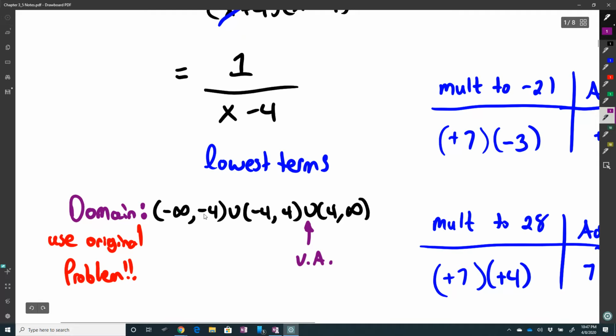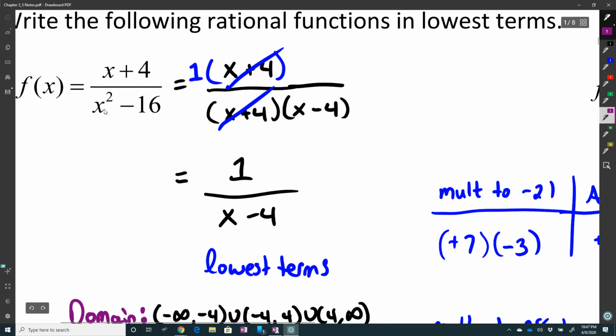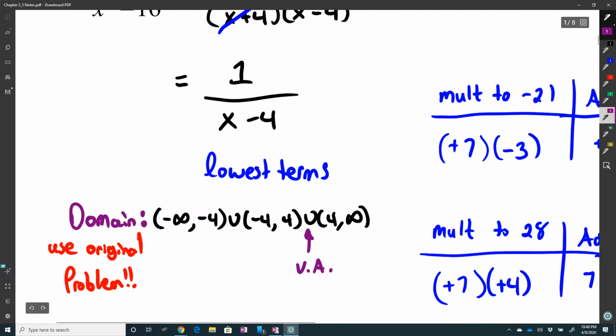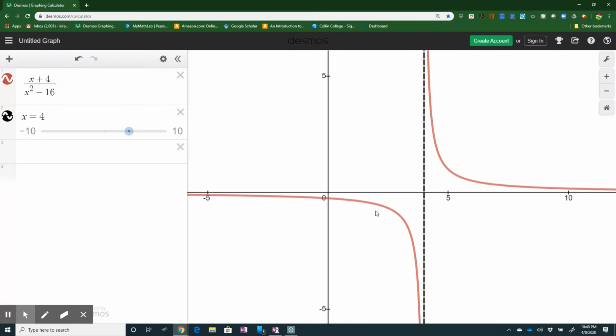What happens at negative 4? Notice that the function can't be negative 4 because the original problem can't be negative 4. Negative 4 squared is 16. 16 minus 16 is 0. So if I go back to my graph, if you look at negative 4, it looks like you don't see anything wrong there. It looks like everything is happy and nice.